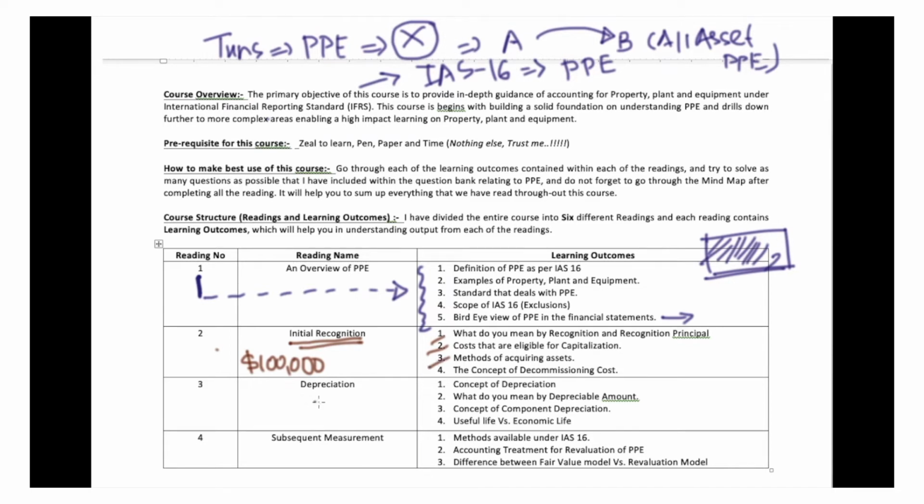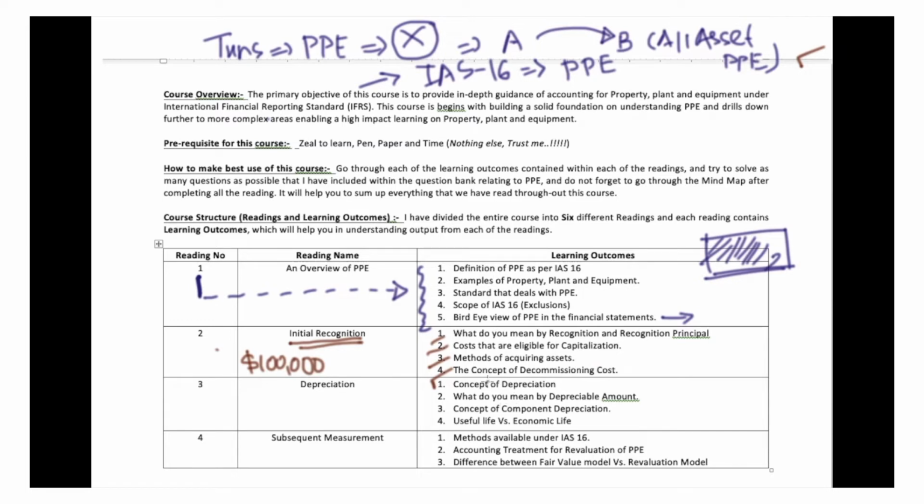Then we will discuss methods of acquiring assets. One of the methods is acquiring an asset by way of business combination or through an M&A. You may also acquire an asset by way of a government grant. How to record these transactions, we will discuss in detail. The fourth part of the initial recognition chapter is the concept of decommissioning cost.